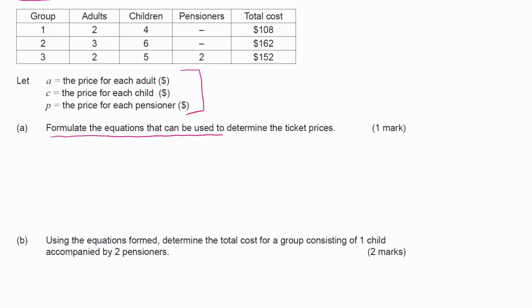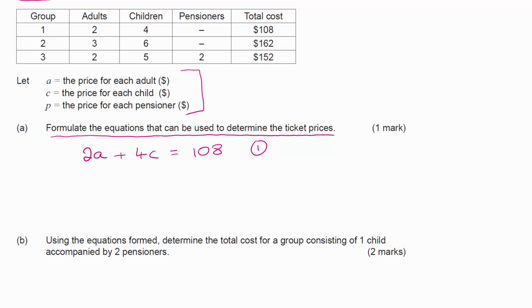Formulate the equations that can be used to determine the ticket prices. So using Group 1, we can see that 2 adults plus 4 children is equal to 108. Let's call that equation 1.